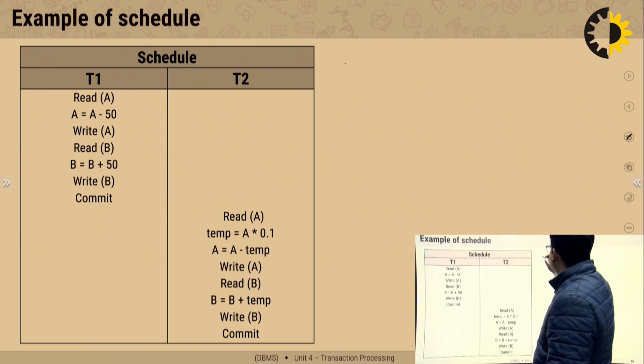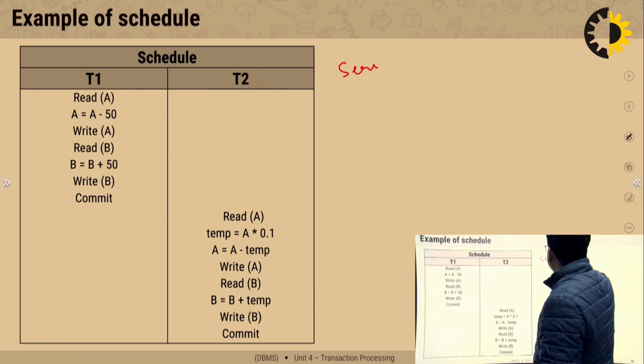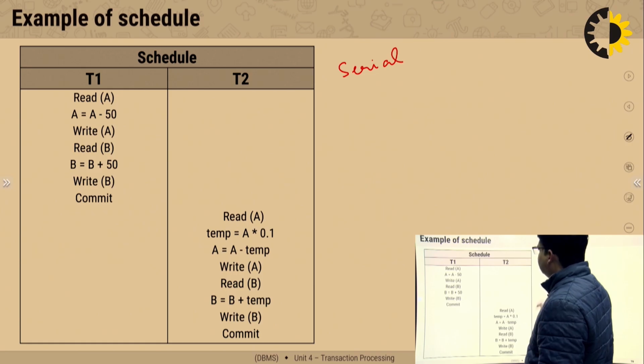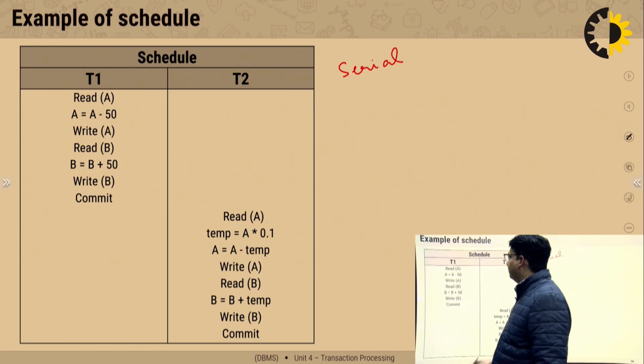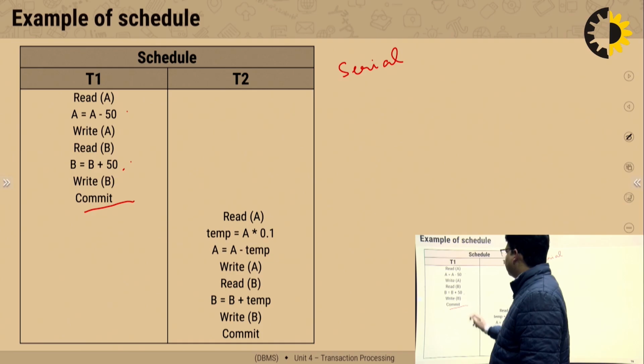This is a simple example of a schedule. This is a serial schedule. In this schedule, there is a transaction T1. It is performing operations: the value of A is being reduced and the value of B is being increased, and then commit.